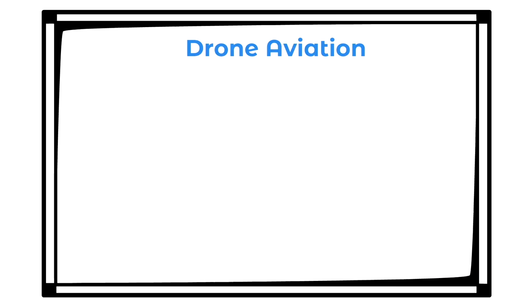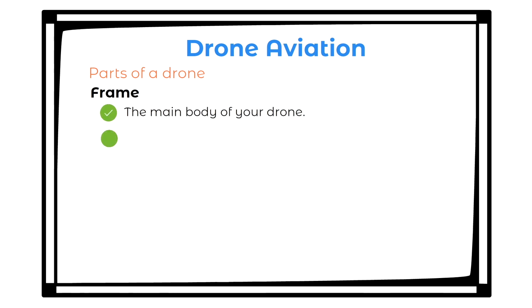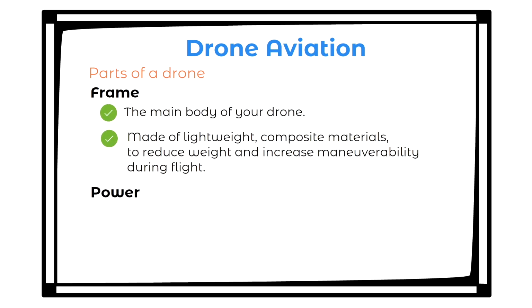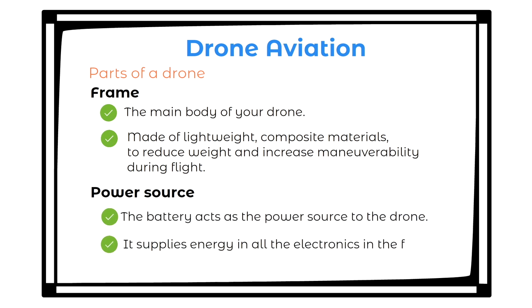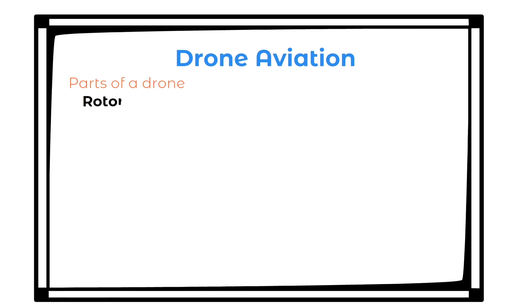To conclude this lesson, here is a summary of all the things we've discussed. Parts of a drone. Frame. Power source. Rotor.